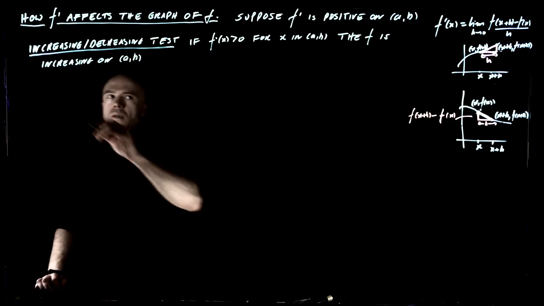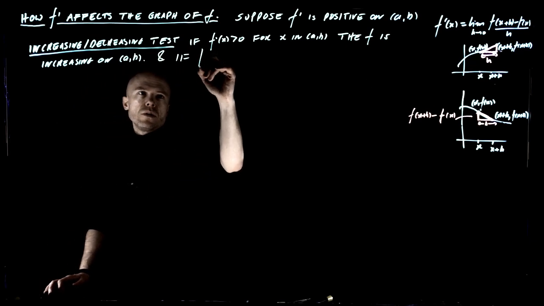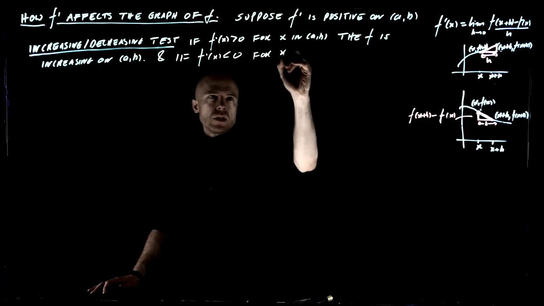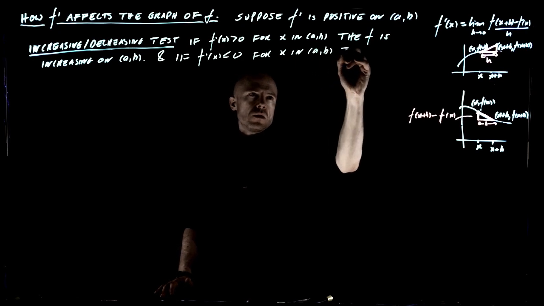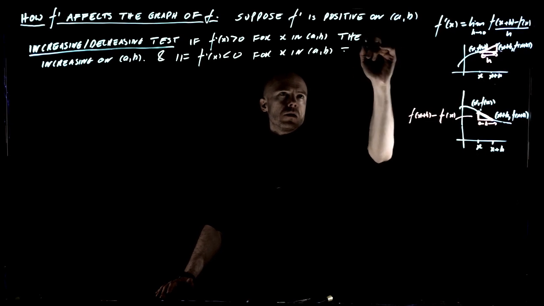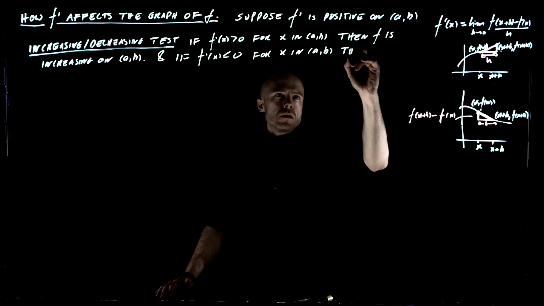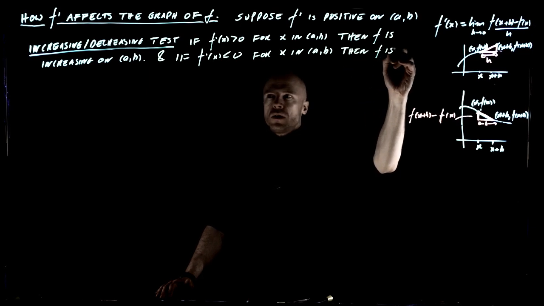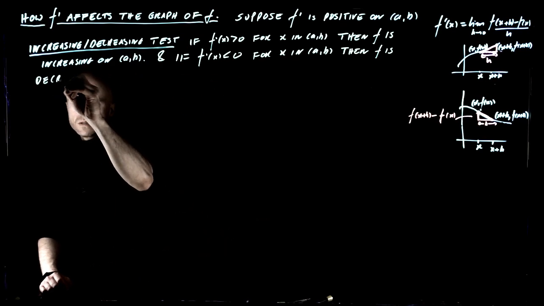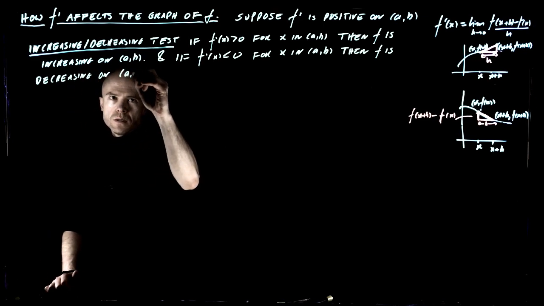And if f prime of x is less than 0 for x in a, b, then f is decreasing on a comma b.